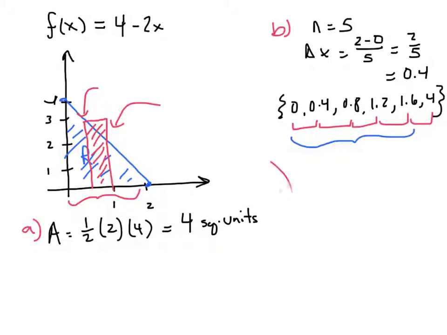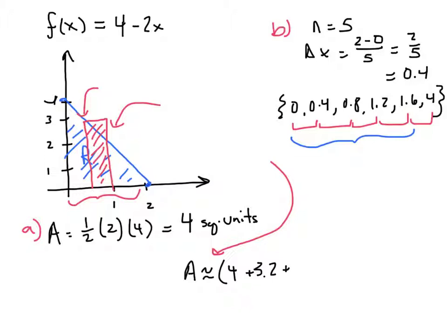If you'll permit me, I'm going to write it down here so I have a little bit more room, but this is still part of part B. A is going to be approximately equal to f of 0, which is 4, plus f of 0.4. When you put 0.4 in, 2 times 0.4 is 0.8, and 4 minus 0.8 is 3.2.